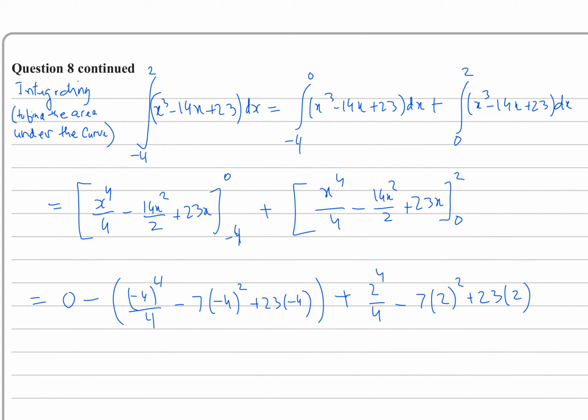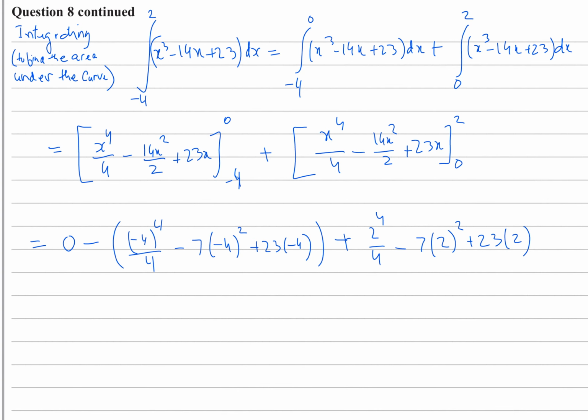So from here, we have minus 4 to the power 4 over 4, which is 4 times 4 is 16, times 4 is 64, so minus 64. Then 16 times 7 is 112, so plus 112.